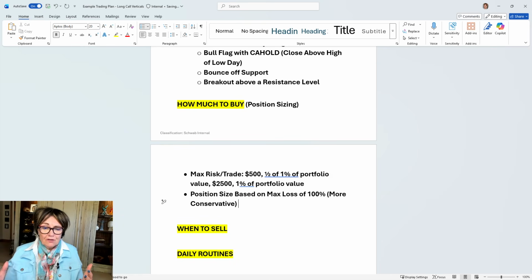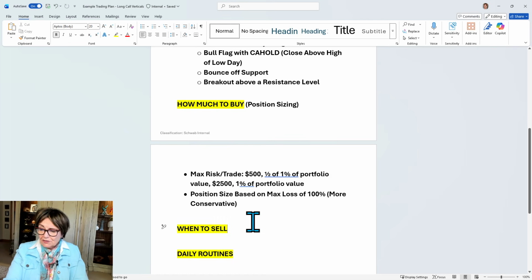Because what if bad news came out on that company, or something catastrophic happened on a global scale and all stocks fell, then we'd be losing much more than we were comfortable losing. When we position size on max loss, we're just being a little more conservative.